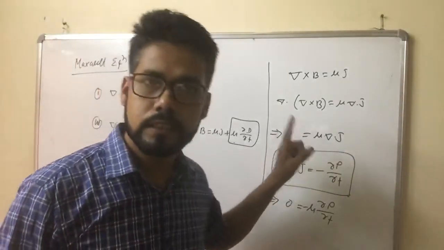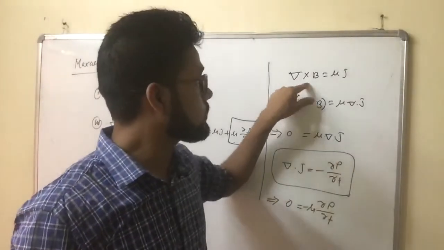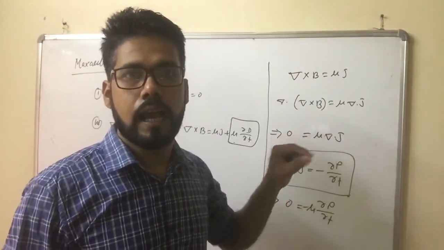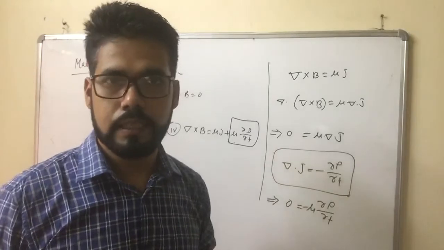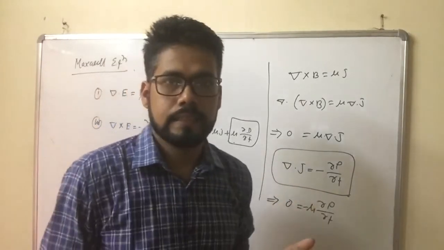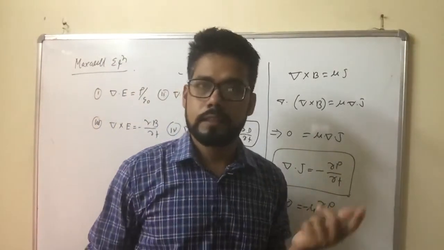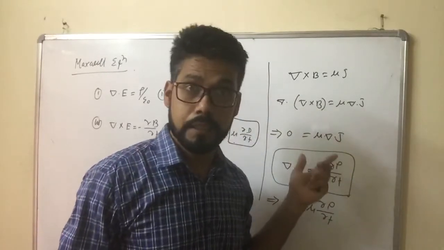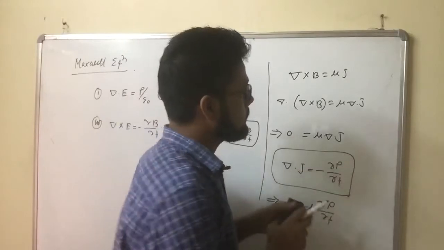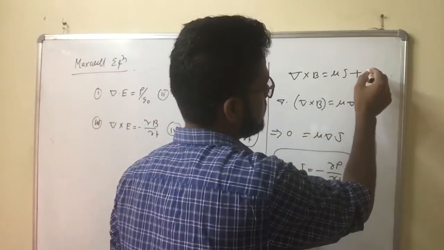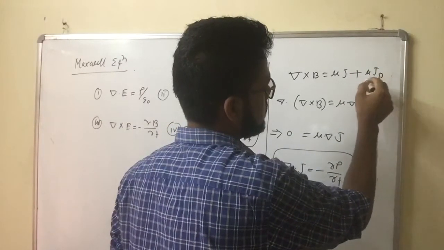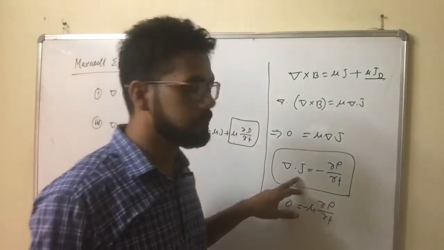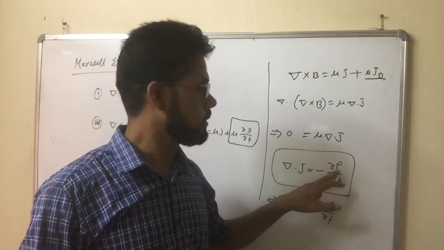That means this equation is valid only under certain conditions, but in general it is not valid. To resolve this mathematical contradiction, they added another term, that is mu J d. J d is derived from here. Rho means what?